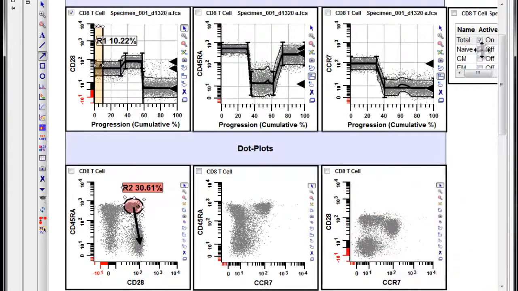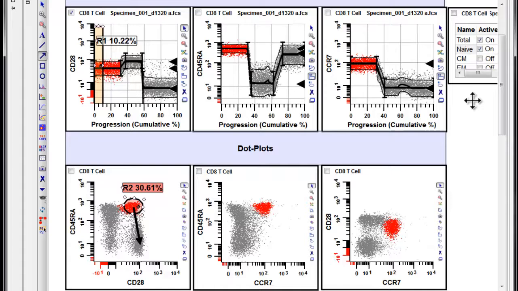So let me turn this on, and let's take a look at what happens. So you can see that these dots are colored red, like they were in the beginning with the dot plots. And then you can see that our naive population now is lit up, and we can see it's also CCR7 positive as we did before.